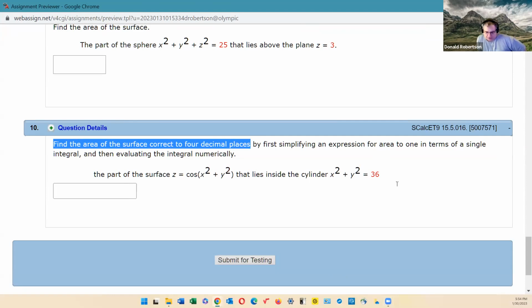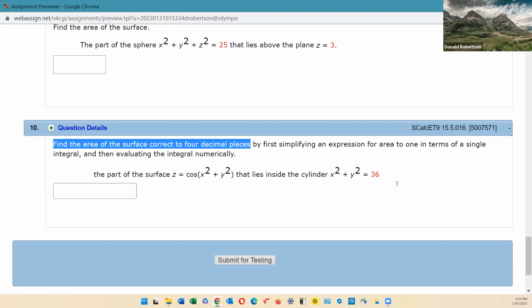If a question ever says to 2 decimal places, 4 decimal places, whatever, that almost always means that the integral, or at least one of the integrals you're going to get, is too difficult or too ugly to do, in which case you're just going to do it as a calculation, right? So that's the word of warning that's coming out here.